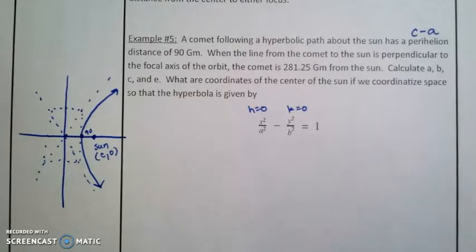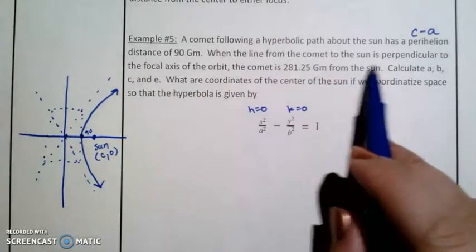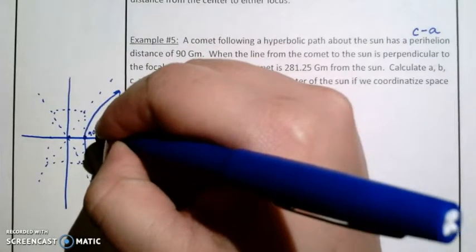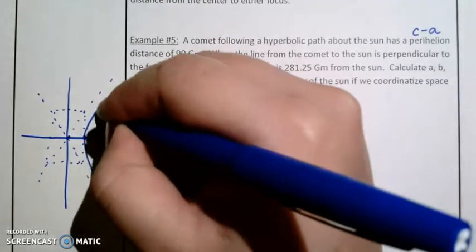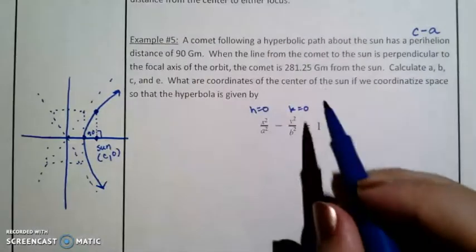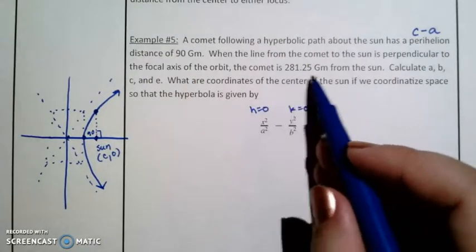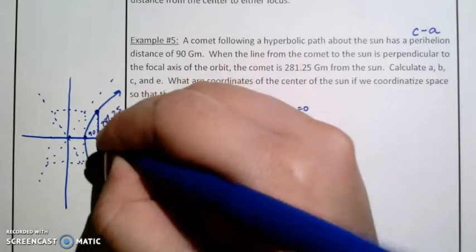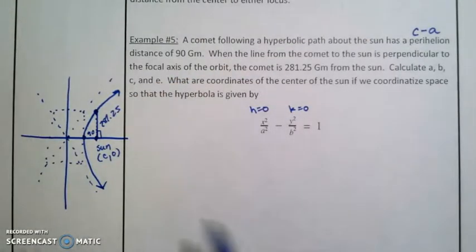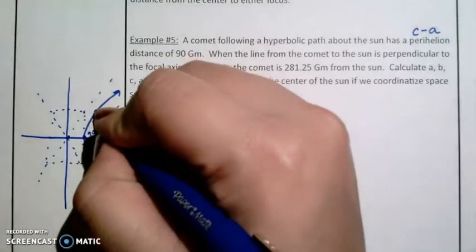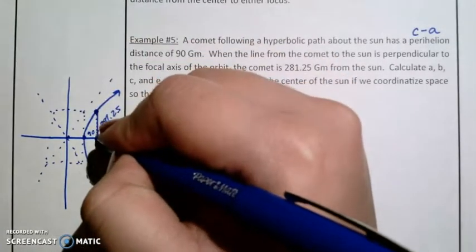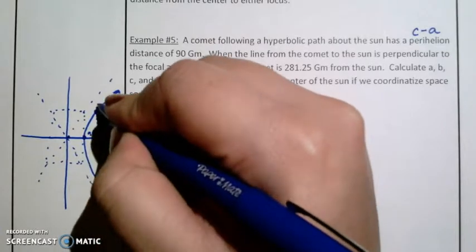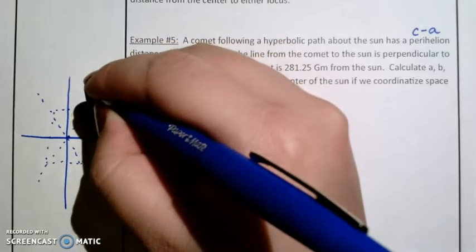Okay, and then we also know when the line from the comet to the Sun is perpendicular to the focal axis, so if we were to draw a line perpendicular here, at that point, the comet is 281.25 gigameters from the Sun. So we know that this has an x value of c and a y value of 281.25.